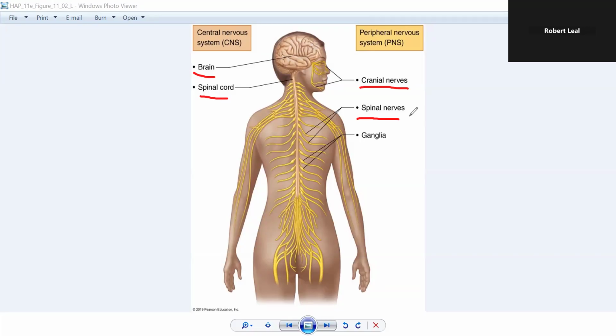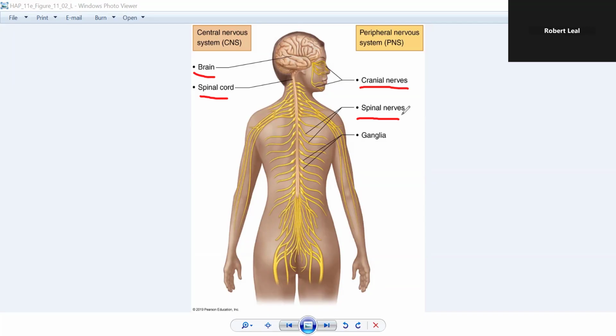Now, targets that you can communicate to are going to be one of three things: muscle, glands, and other neurons. The muscles that you can communicate to are cardiac, skeletal, and smooth. Just remember the only one that you can consciously, voluntarily control is skeletal. You also communicate to glands. You have glands that make hormones, which in general are called endocrine glands.